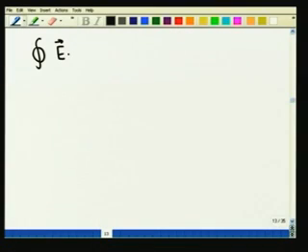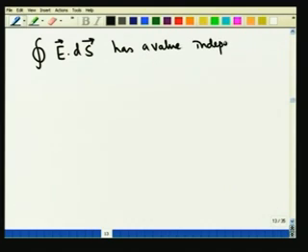So the first step that we have taken is to state a very beautiful result, namely integral E dot dS has a value independent of the nature of the surface.